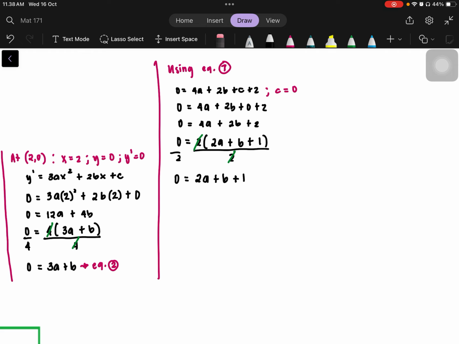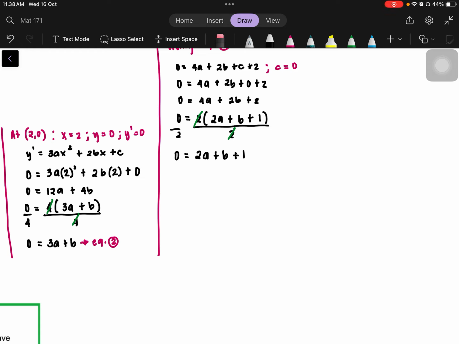Then, we have 2a plus b plus 1. Okay. So, we have another equation. Pero ang gawin natin, ihiwalay natin ngayon yung ating constant plus 1. So, lilipat lang natin siya sa kabila. Magiging negative 1 is equal to 2a plus b. And then, we can now say that this is our equation number 3. Okay.